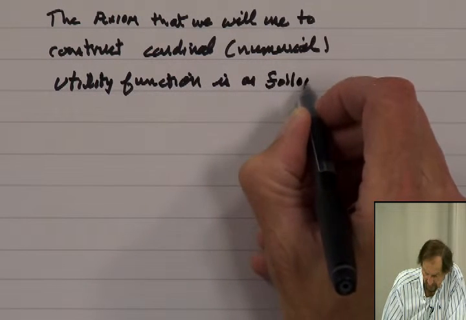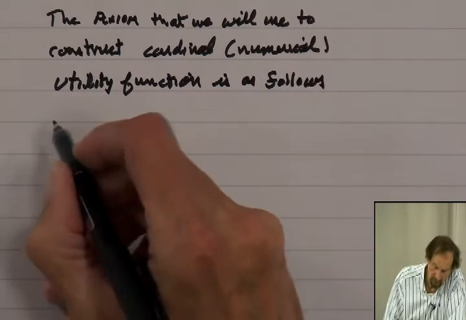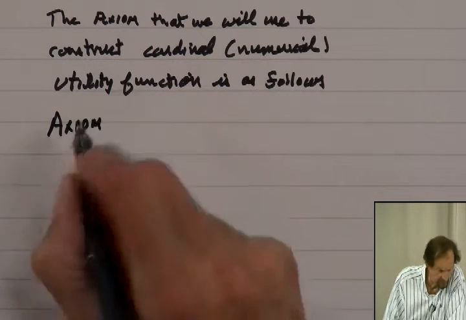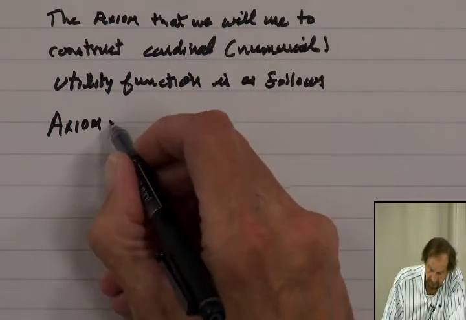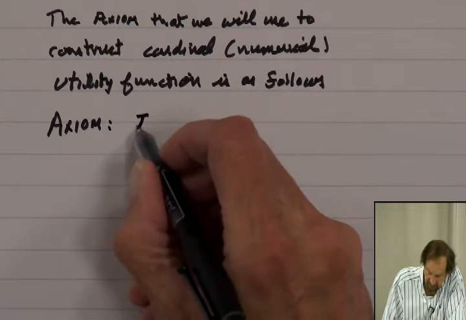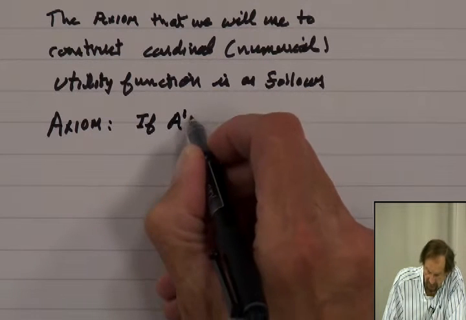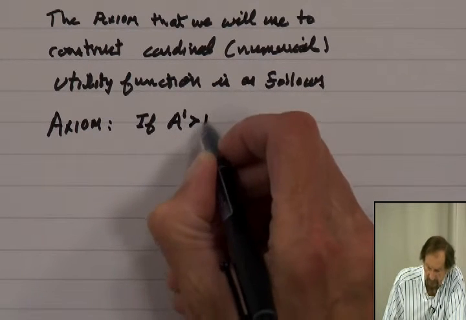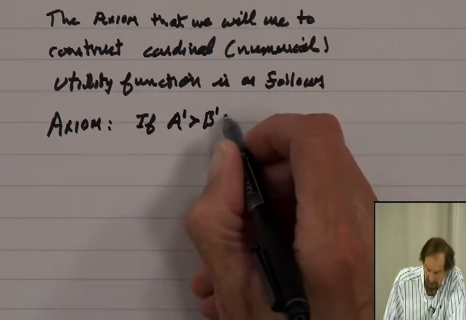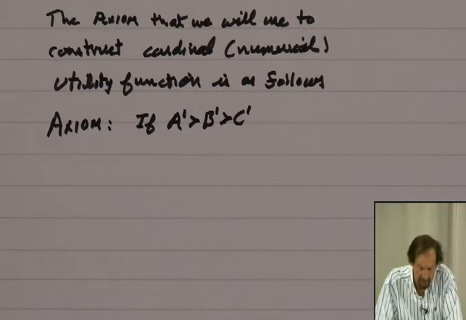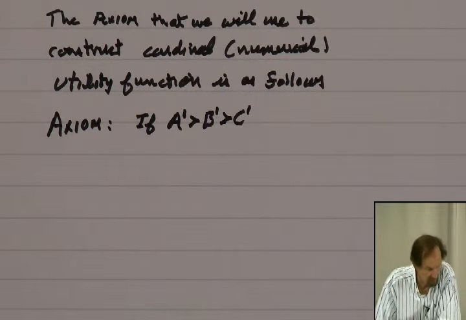This is our axiom 3. Axiom 3 says the following. It says, if A prime is preferred to B prime is preferred to C prime, again, we could consider these apples, bananas, and cantaloupes, if we like.